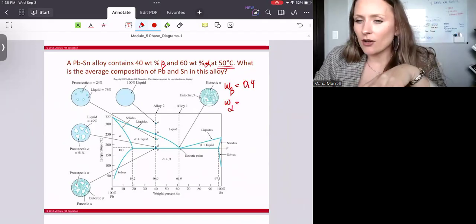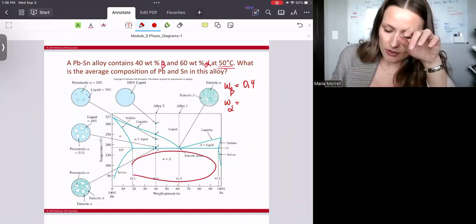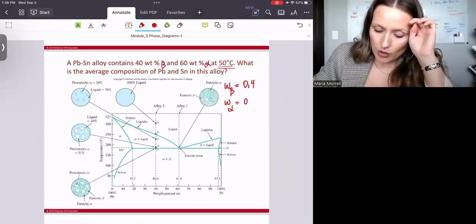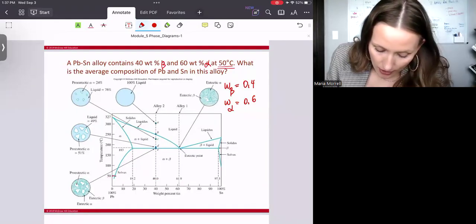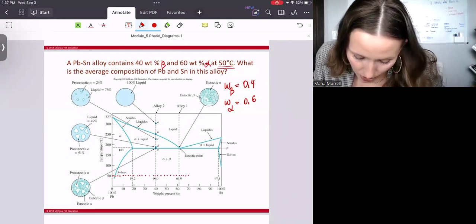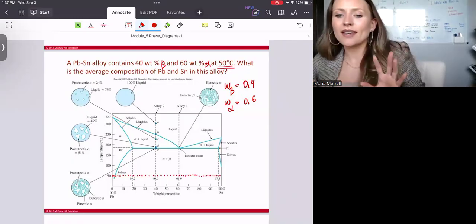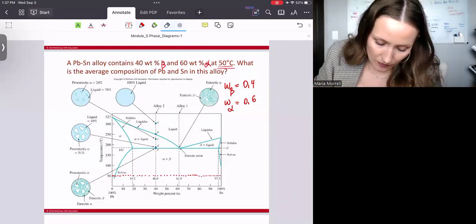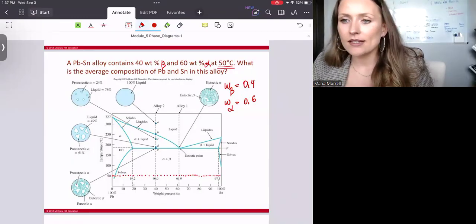So just like that, I already know that I'm somewhere below 183 degrees, so I'm somewhere in this region, okay? 0.6 at 50 degrees. Okay, so I can draw this right away. I'm trying to do my best to draw a parallel line, but you have to excuse me if it doesn't look really parallel to the x-axis.